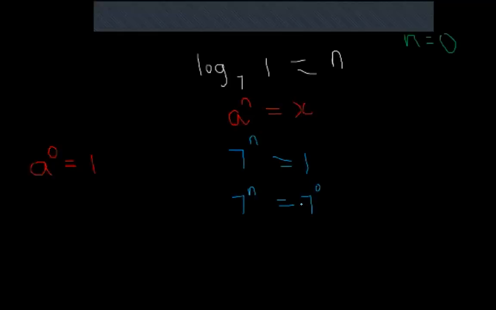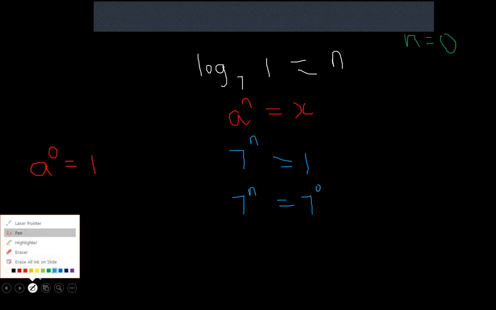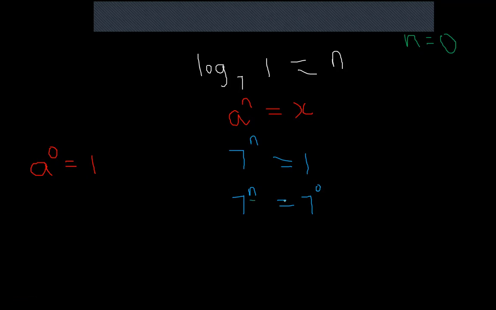How did I get 7 to the power of 0? Because according to our law, any base raised to the power of 0 is going to give me 1, right? So now that I have the same bases, I could equate the indices. If I equate the indices, n is equal to 0. And that is why this is correct.